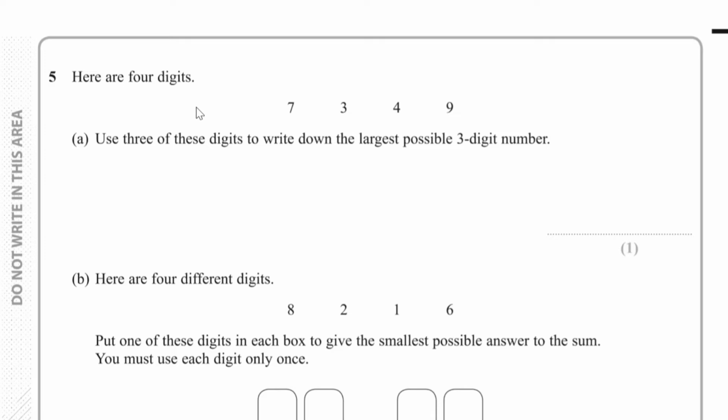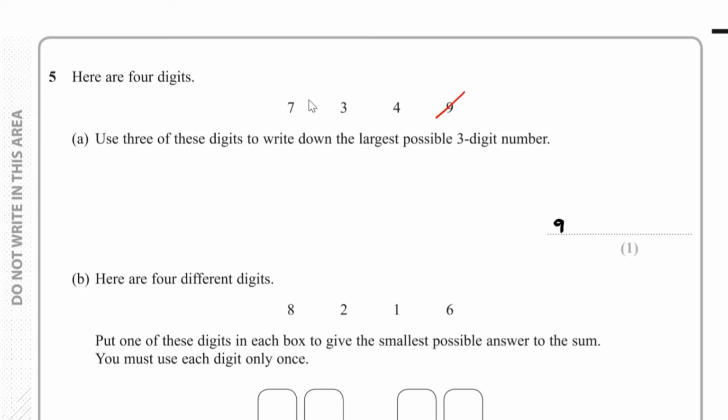Question number 5. Here are 4 digits, 7, 3, 4 and 9. For part A, we have to use 3 of these digits to write down the largest possible 3-digit number. Well, if we want to write down the largest possible 3-digit number, our number needs to begin with a 9. So we've used up the 9.